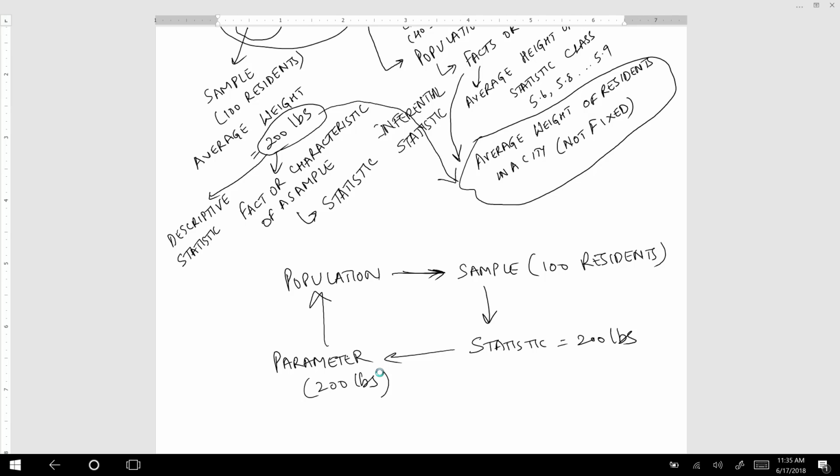So when we take a sample and describe it, this is called descriptive statistics, and when we try to infer about the population, it's called inferential statistic. So this concludes the lecture on population and samples.